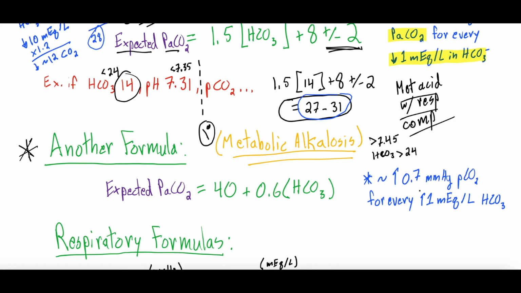There we go. So if the primary disorder is a metabolic alkalosis, then what you would be looking for is, do you have appropriate respiratory compensation, right? And we know that high CO2s, so to compensate, you would expect the CO2 level to be trying to induce more acidosis, right?